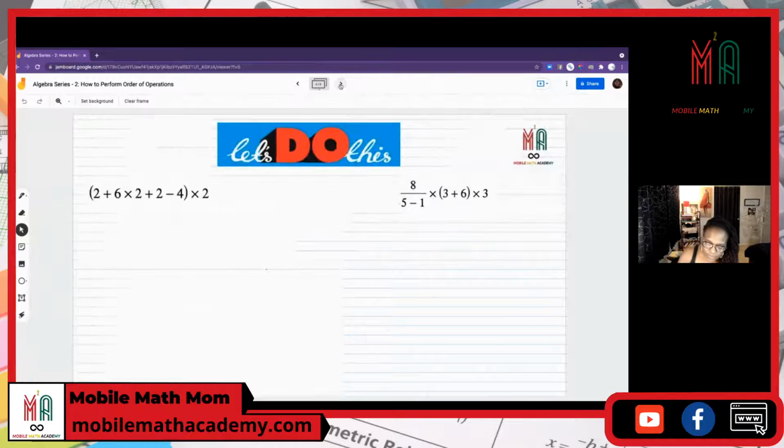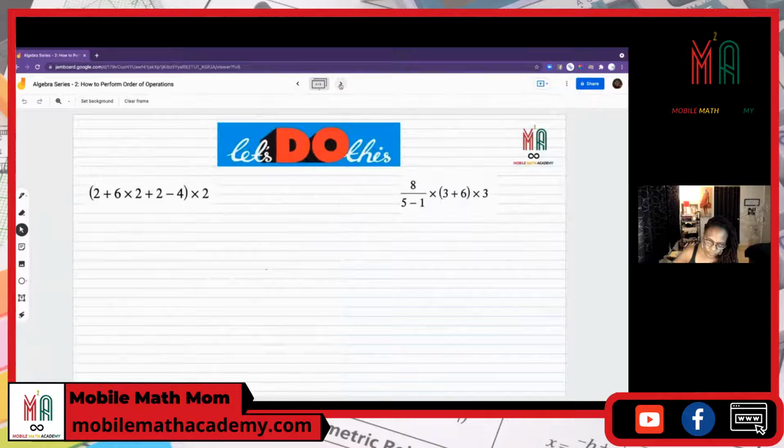All right, next one. Let's go. All right, we got a lot of parentheses here, don't we? And we got a lot of operations going on, so we have to be very, very careful. Let me get another color so we can diversify a little bit. We got color in the earring, so let's diversify our color here.